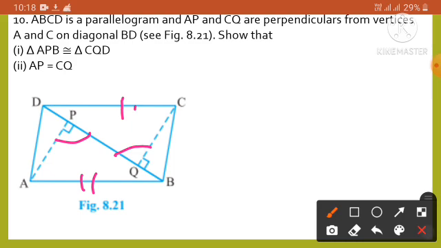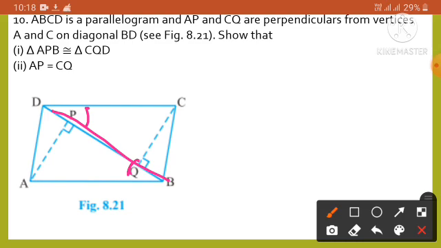So we can say that angle ABP is equal to angle CDQ, as alternate angles are equal, as AB and CD are parallel and BD is a transversal.